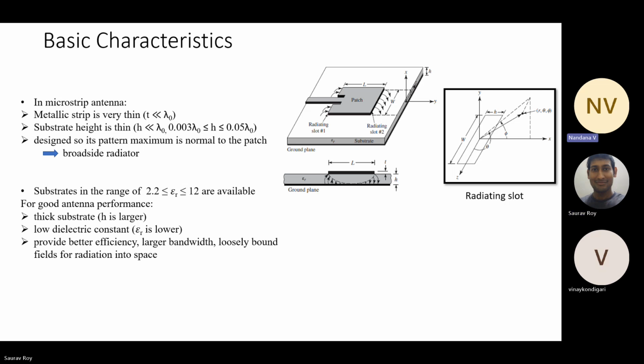Here X, Y, Z are mentioned, right? You tell me about these directions. I am not talking about the E plane or H plane. Only tell me, radiation pattern should be maximum in which direction?